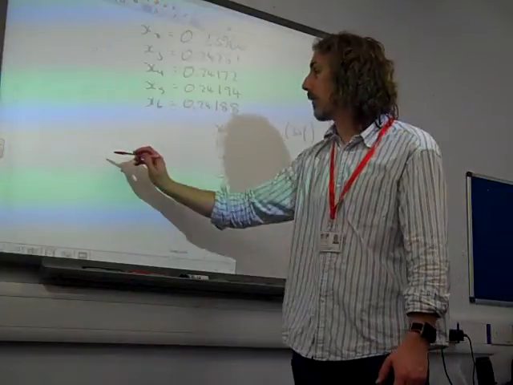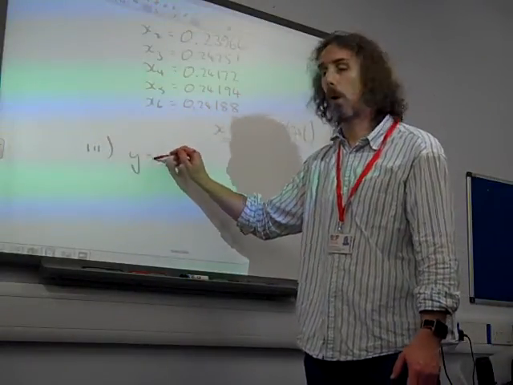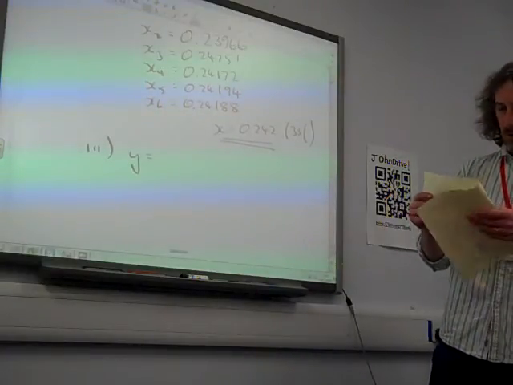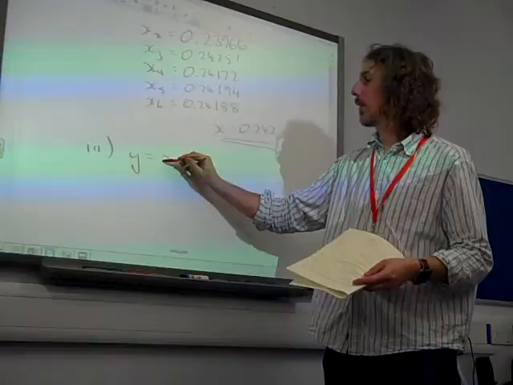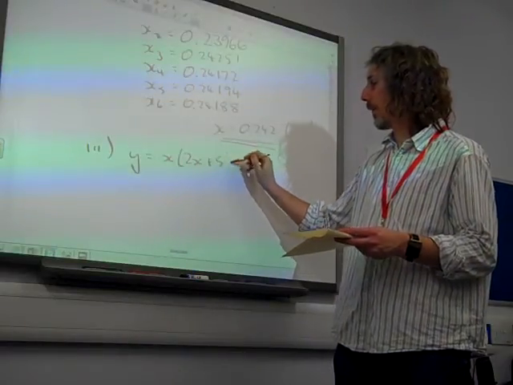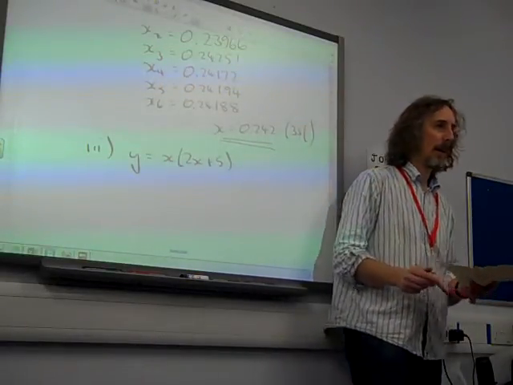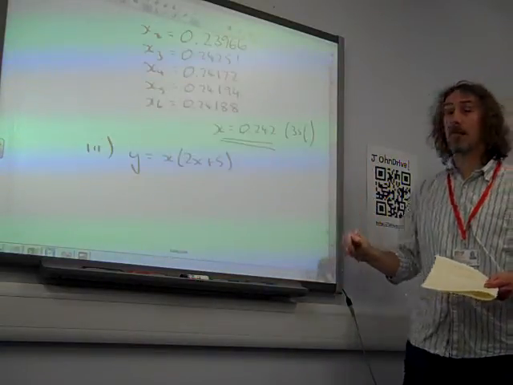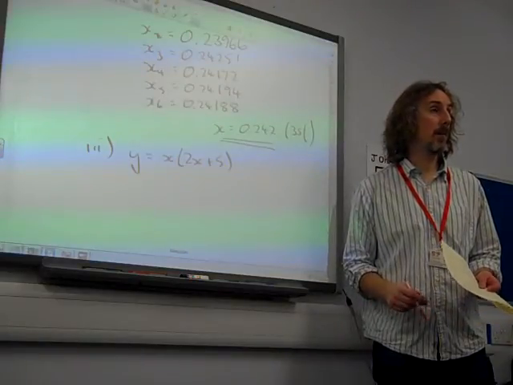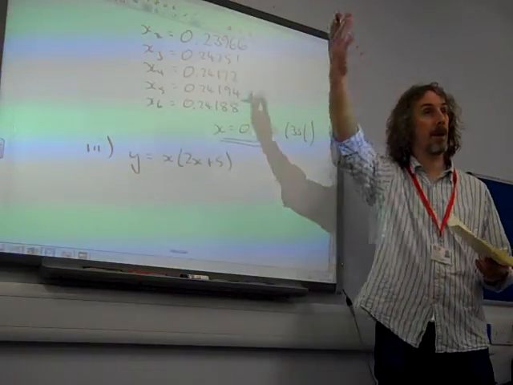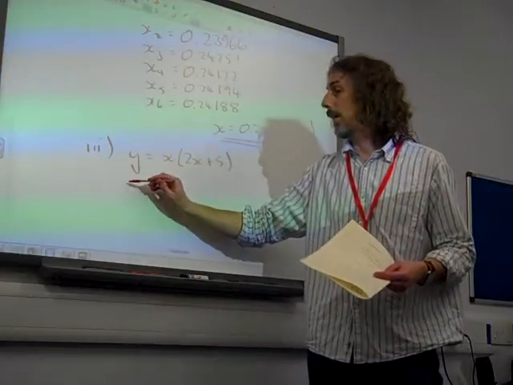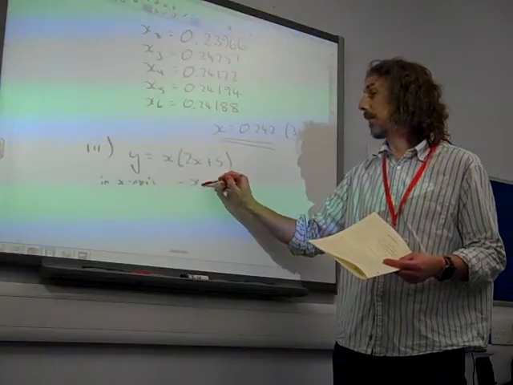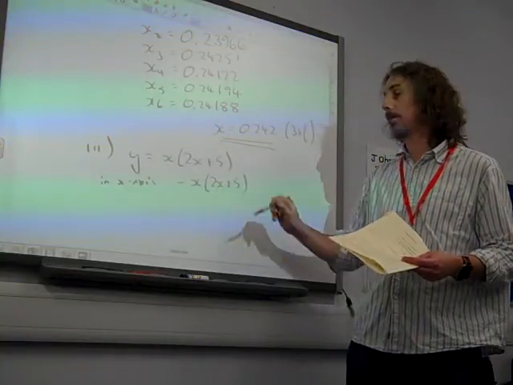So let's work our way through these. The first curve was x brackets 2x plus 5. If I reflect that in the x-axis, you get that reflection by multiplying the whole thing by minus 1. So that's going to give us minus x times 2x plus 5.